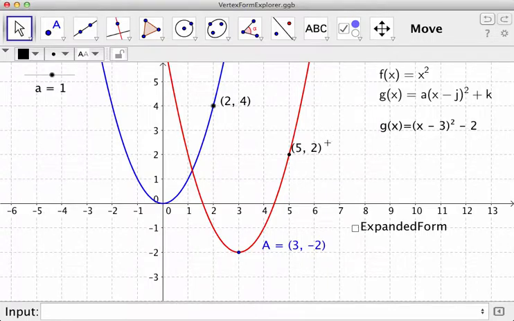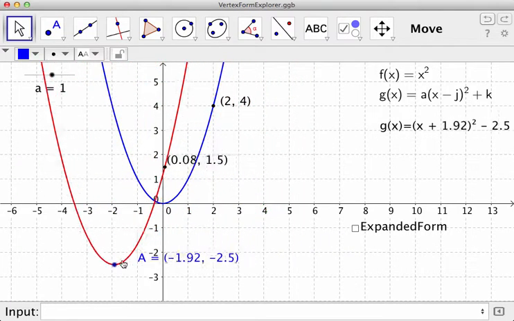That's going to give us the y-coordinate of this point here. So what's true for every point along this red quadratic is that x minus 3 squared minus 2 is equal to y. Or in other words, the value of the function is equal to x minus 3 squared minus 2. And again, immediately from this, we can tell what the vertex is. The vertex is going to be positive 3, negative 2.